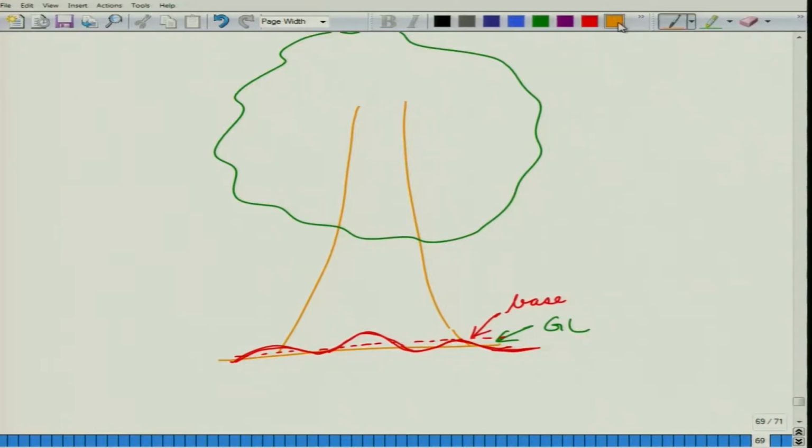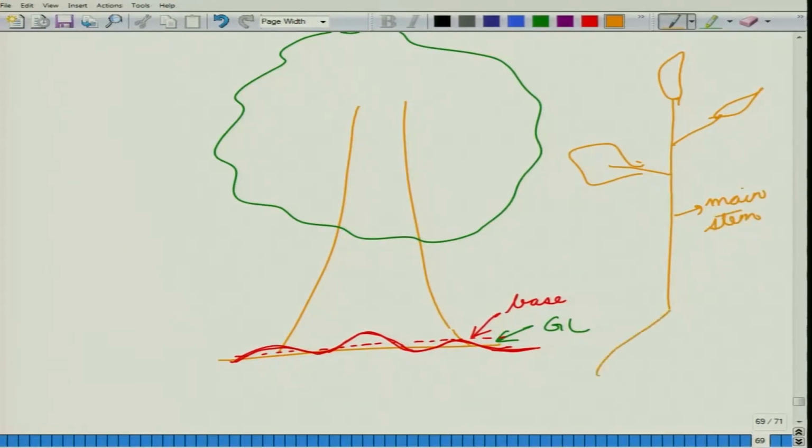Otherwise, what you could do is you could use the root collar. Now, what is a root collar? If we drew any stem, so here you have a main stem, you have branches and leaves, and then you have the roots.